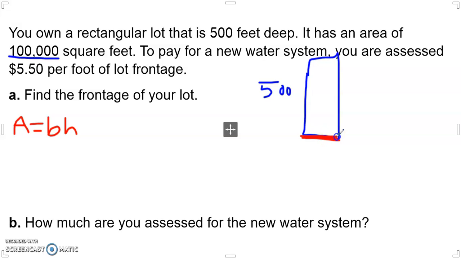This is our base right here times the height. So base, we don't know what it is, but we do know what the height is. So b times 500 is just 500b. And we know that the area equals 100,000.